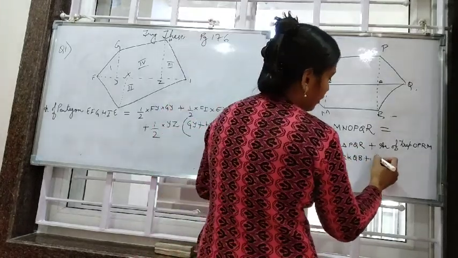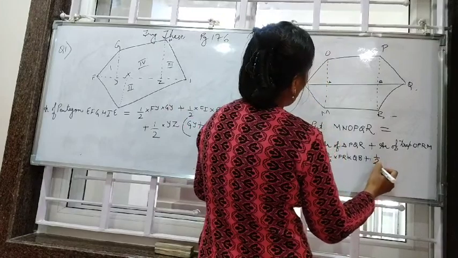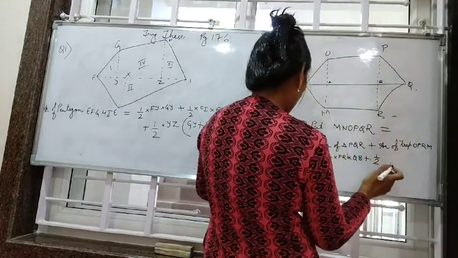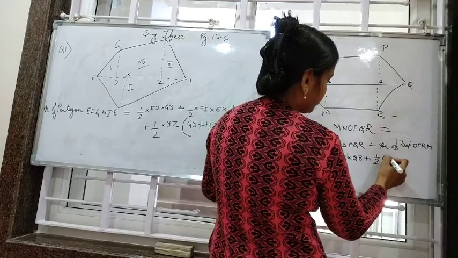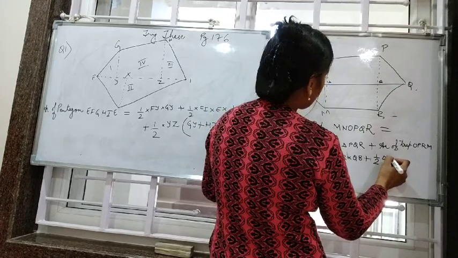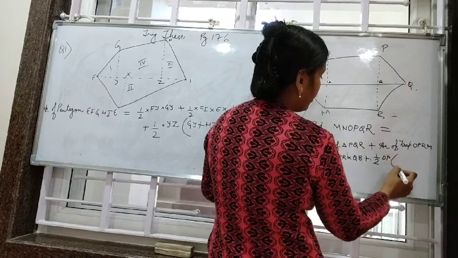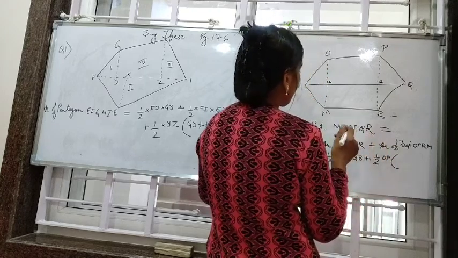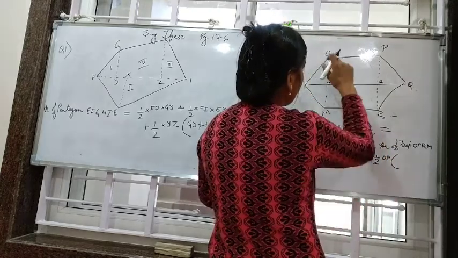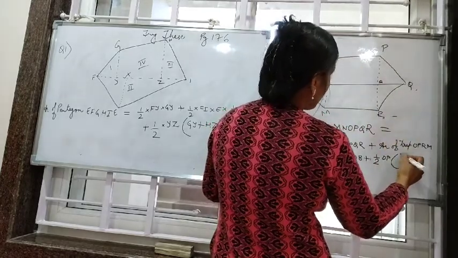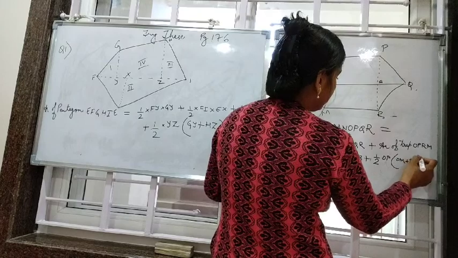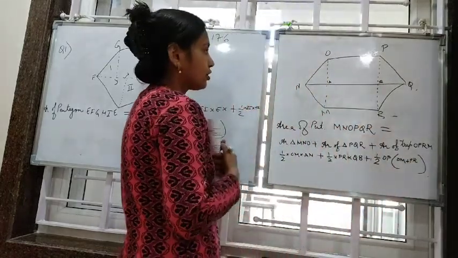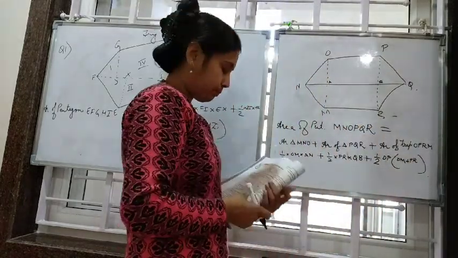Trapezium, half of OP or MR, whatever you want to write. OP into sum of parallel sides. So what are the parallel sides here? OM plus PR. This is the total area of this pentagon.